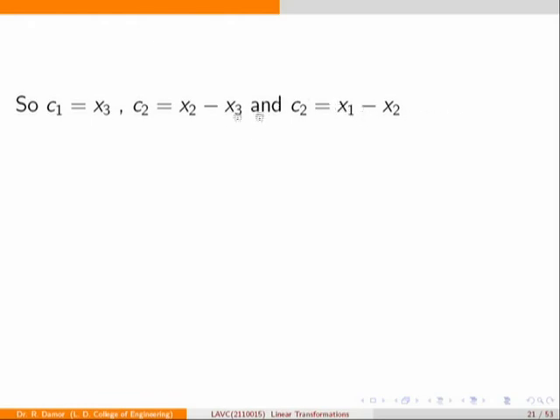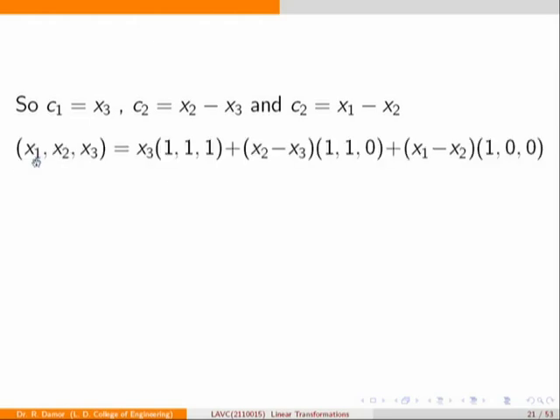So I can put these values into the main equation, x1, x2 and x3. How do you write this? This is my c1 times x3, c2 times x2 minus x3, and c3 times x1 minus x2. So any vector of R3 can be written this way as a linear combination of vectors v1, v2, v3.